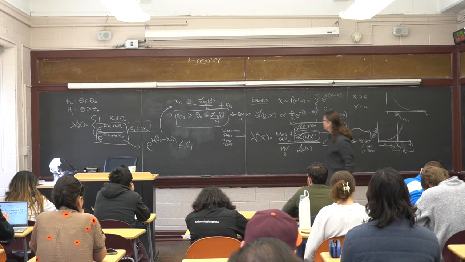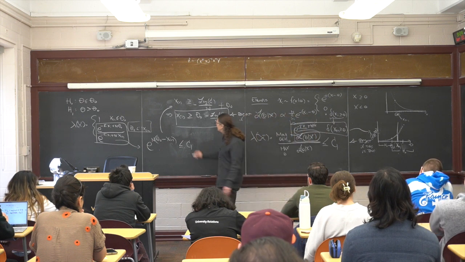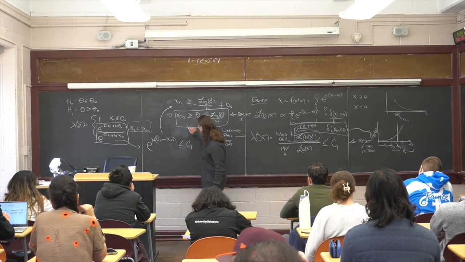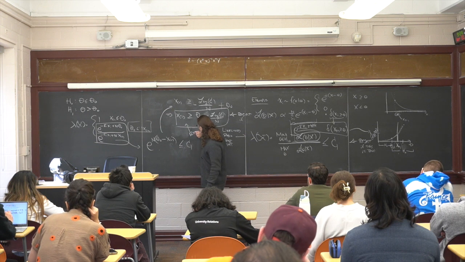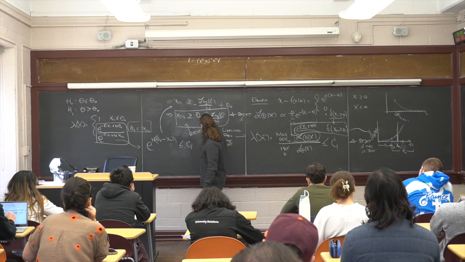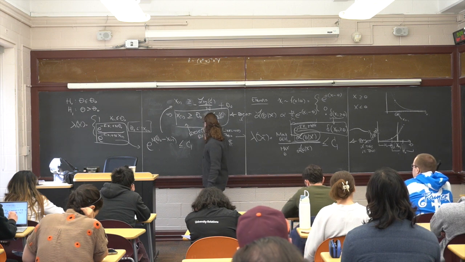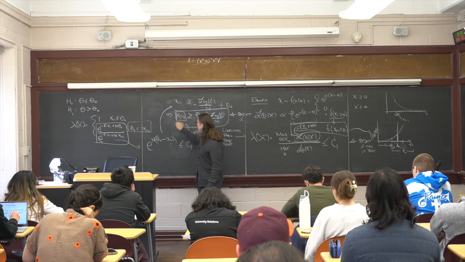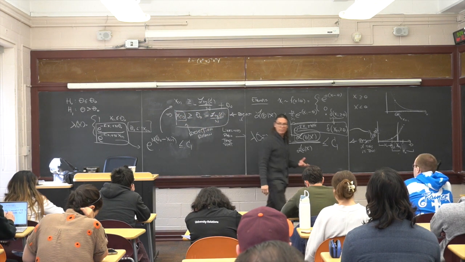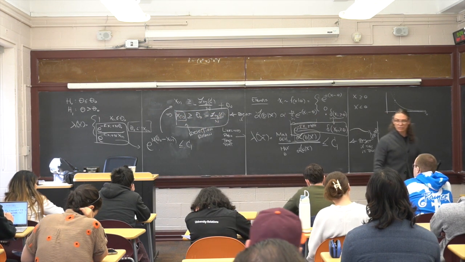So that's our reject if statement. This is defining a rejection region. And the rejection region is a function of your sufficient statistic, and it can always be compressed in your minimal sufficient statistic.